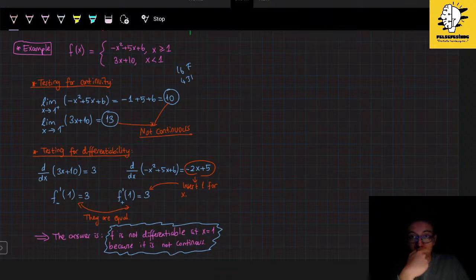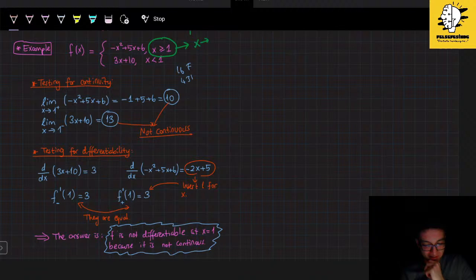We have a piecewise function, and the function is given up there. And let's first test for continuity. Okay, so we have a critical value, as Burak said, and these critical values are very important for us. x is approaching 1 from the right, and x is approaching 1 from the left.